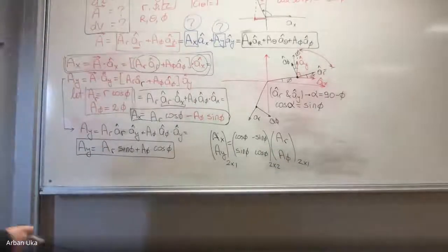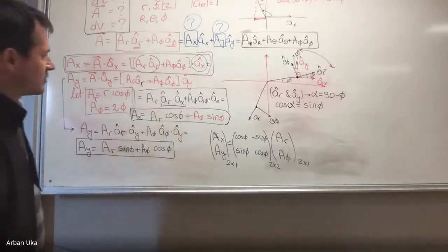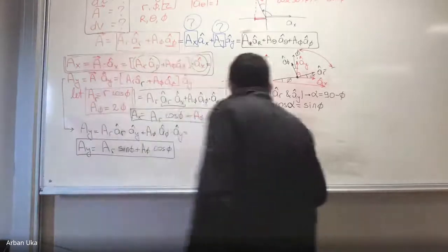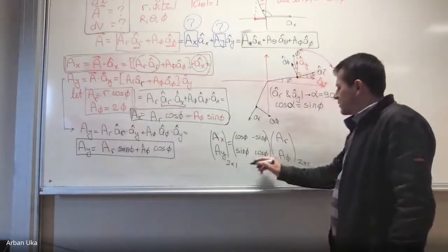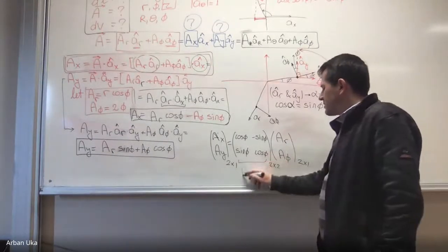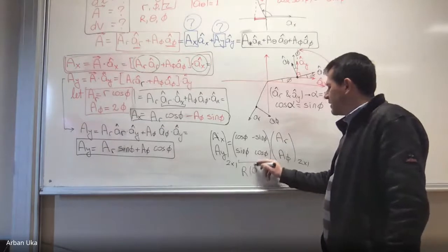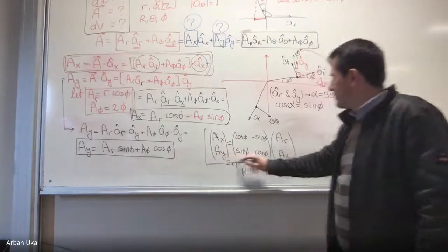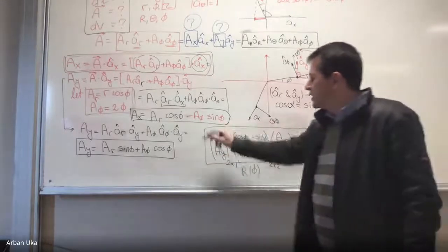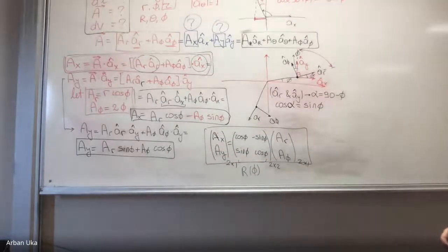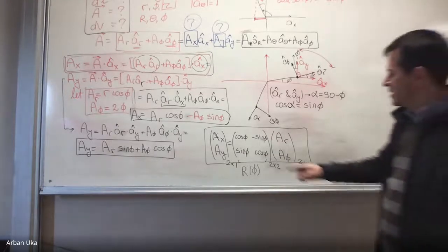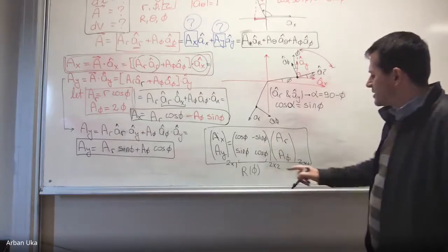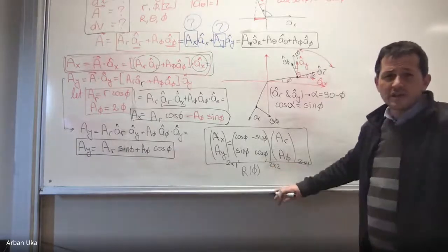So you might have seen this matrix before because this is a purely rotational matrix, and so we can denote this one as a rotational matrix by an angle phi. We can use this one directly, or we can use the intuition provided from a previous course, which is linear algebra.